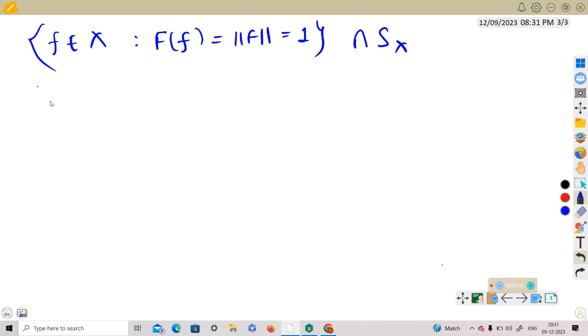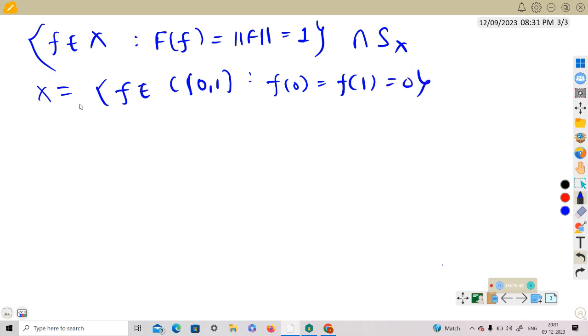What was X? X was those f belonging to C[0,1] such that f(0) is equal to f(1) is equal to 0.